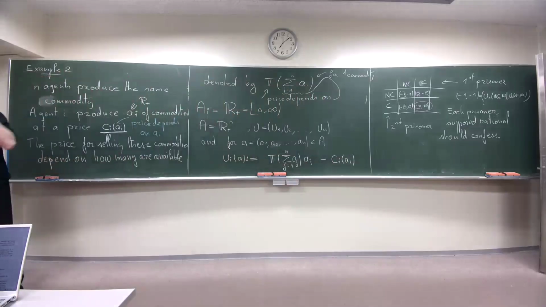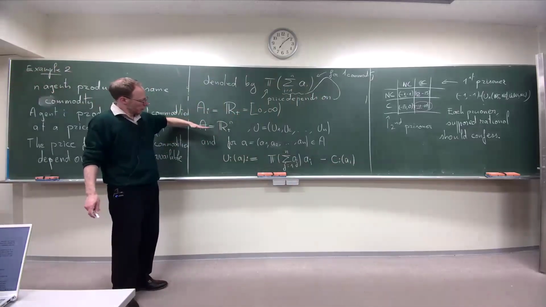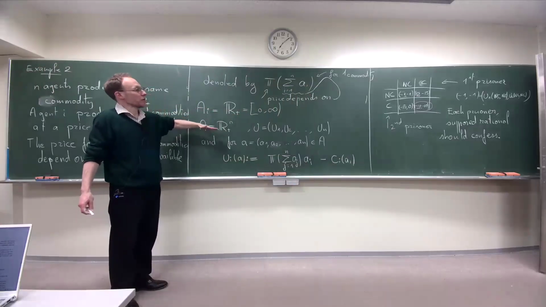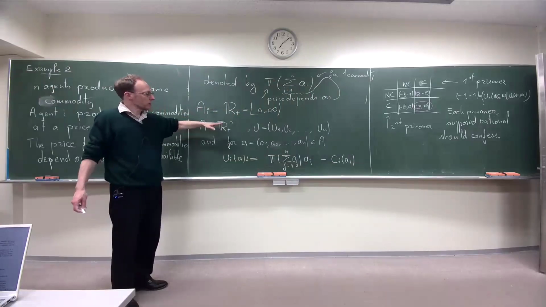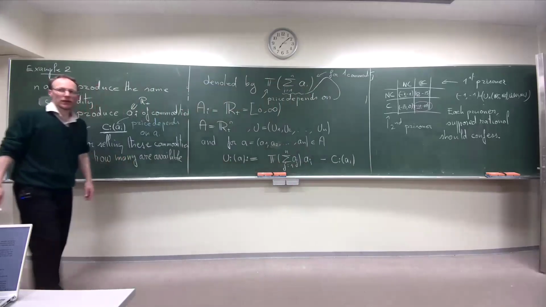So again, it's good to look at this example because we have this set of strategies, and the set of profiles of strategies contains all possible productions of this commodity.